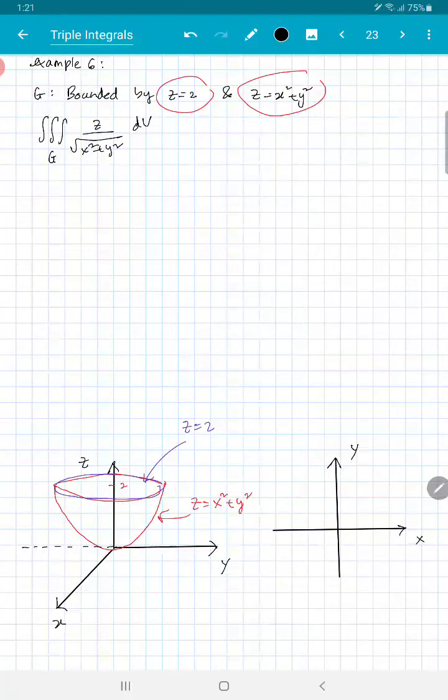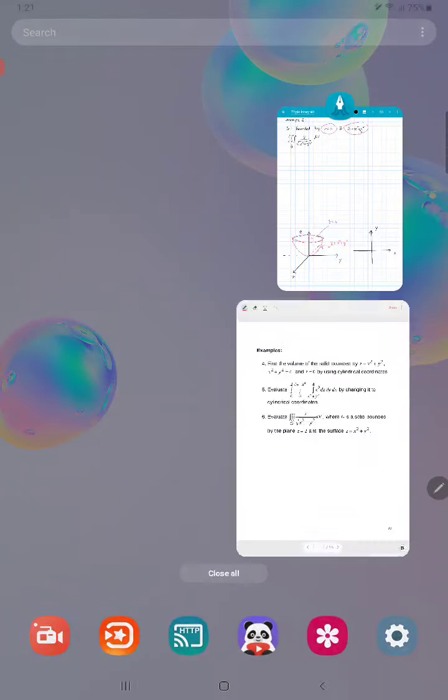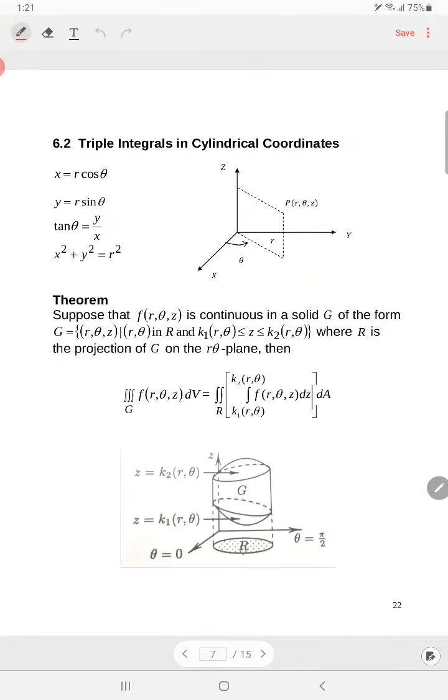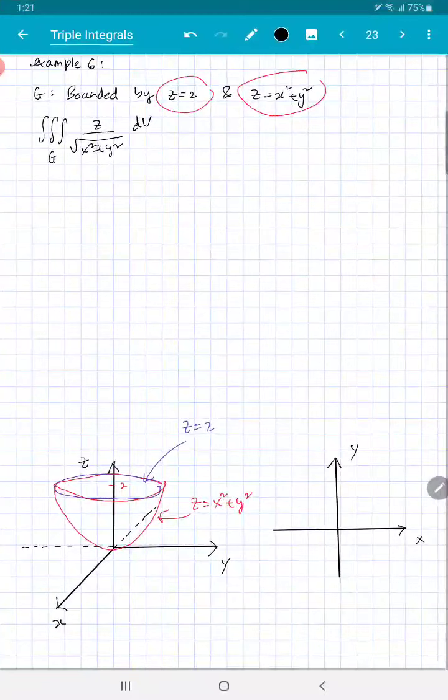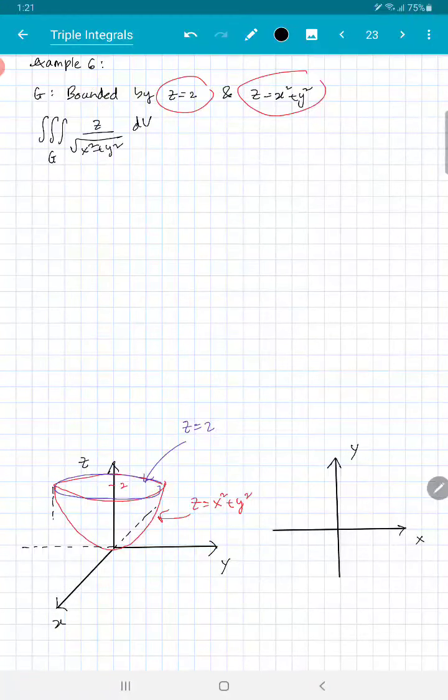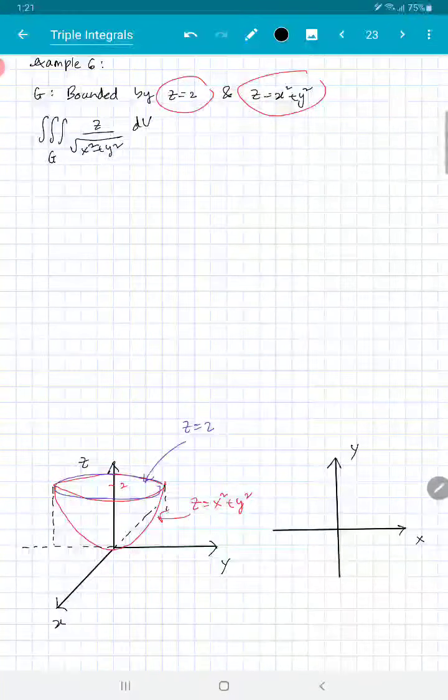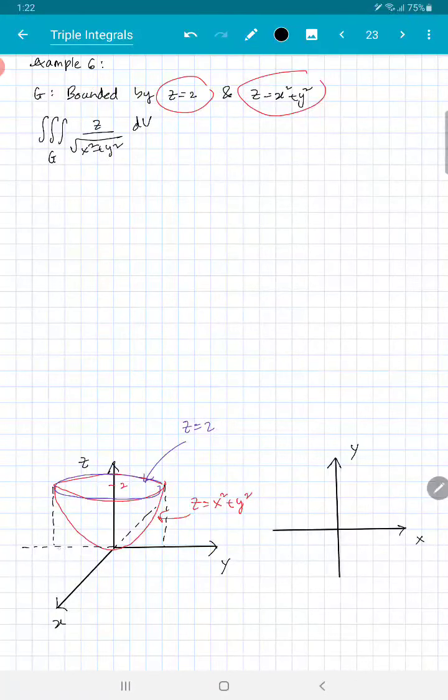If we want to evaluate this by using cylindrical coordinates, we have to project our solid G onto the xy plane. If we do that, what you get is a circle.